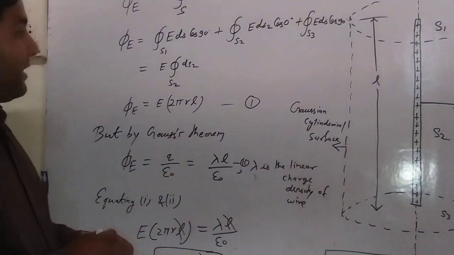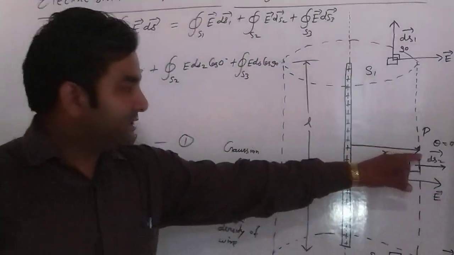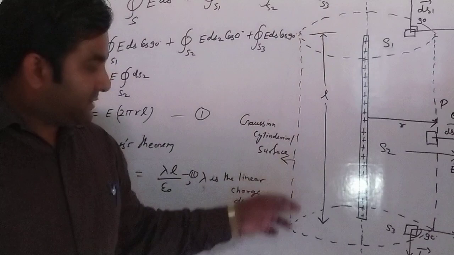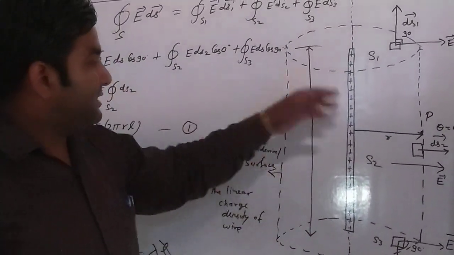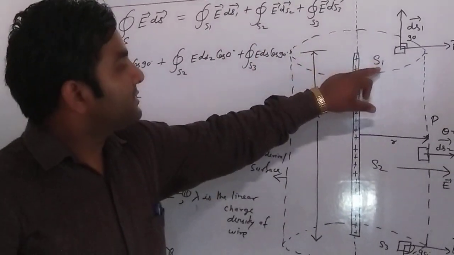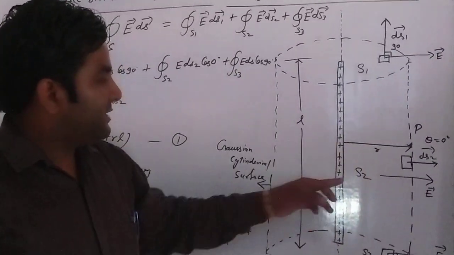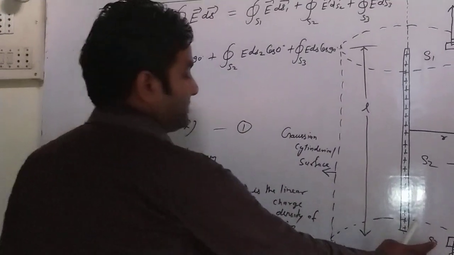Just listen again. Due to this charged infinitely long straight wire, we have to calculate the intensity at point P. For this, we imagine a Gaussian surface in the form of a cylinder of length L, with upper surface area S1, the curved surface area S2, and the remaining lower circular area S3.